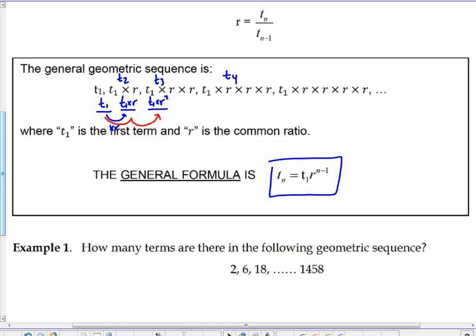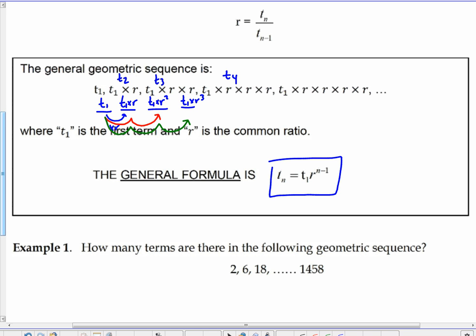To get to my fourth term, I would start with my first term, and then how many times would I multiply by r? 3 times. T1 times r cubed. So notice that term 1 is T1, term 2 has 1 r, term 3 has r squared, term 4 has r cubed. It's 1 less than the term number.